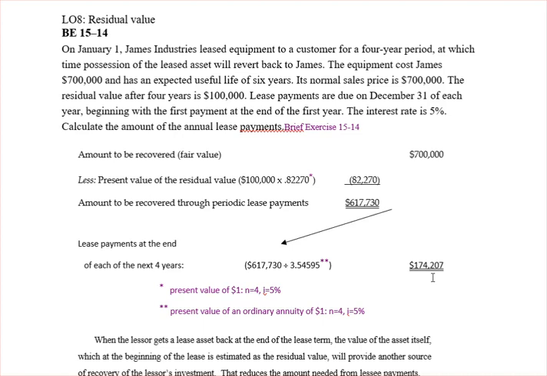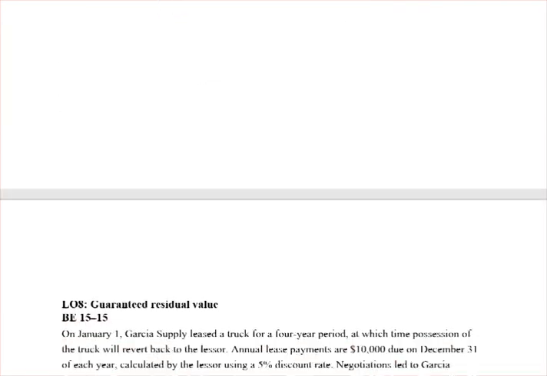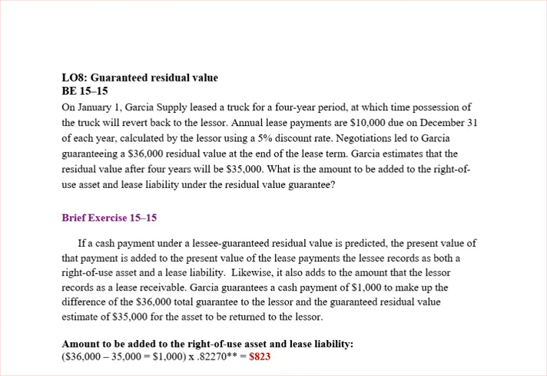For your purposes, you need to understand this amount at which you are going to record your lease payable, or if you get to record it as a lease receivable, then this 700,000 that goes on the books is a combination of two present values. It's the present value of the residual using PV of 1 and the present value of the annuities. An annuity will either be a due or not.